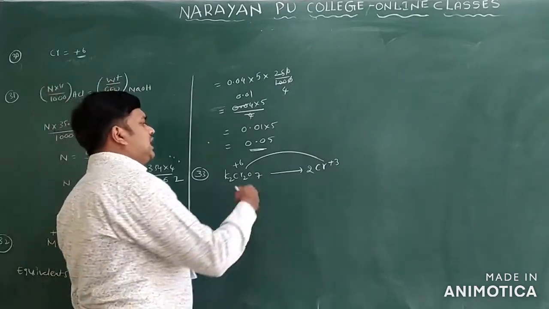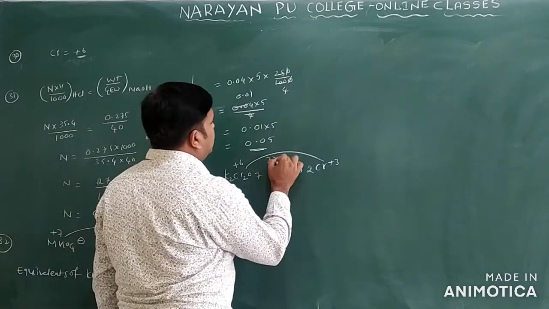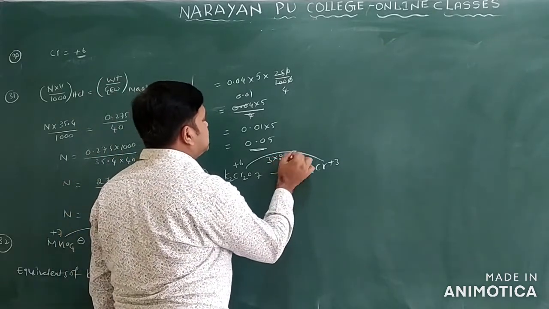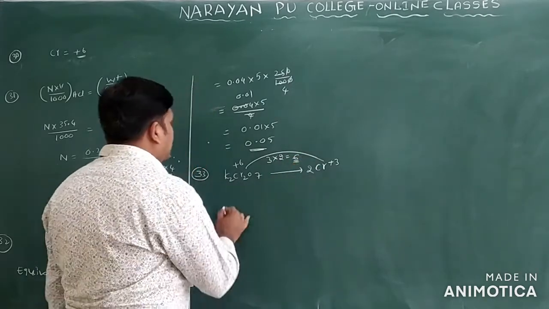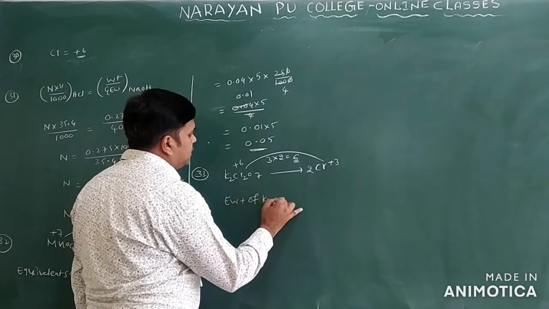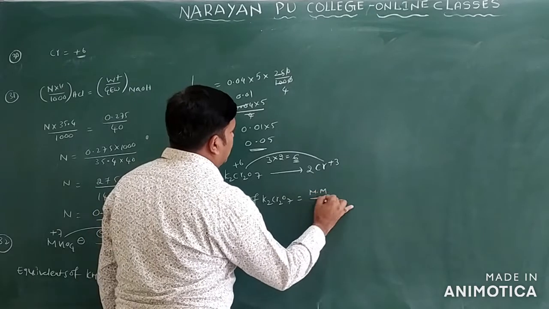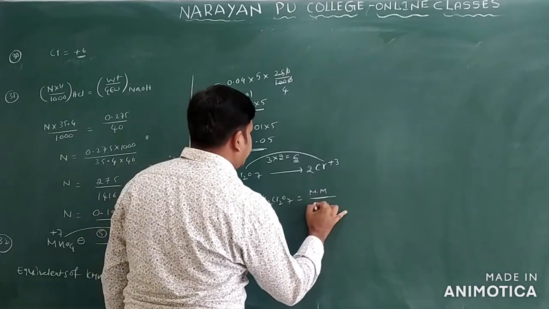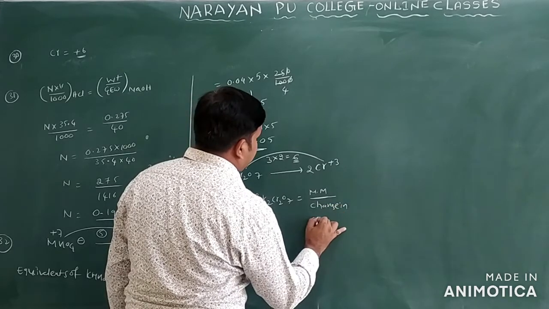Now, what is the change in oxidation number? We have a change of 3. But here how many chromiums do we have? 2 are there. So what will you get here? 6 only. Now we can write the equivalent weight of K2Cr2O7 is equal to molecular weight by change in oxidation number, or you can write n factor.